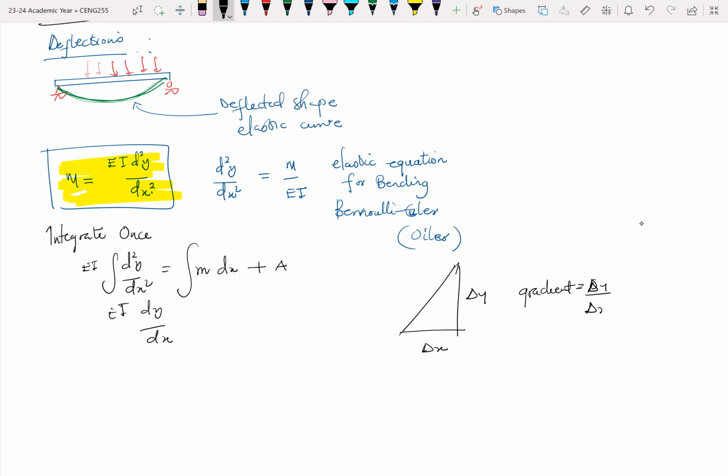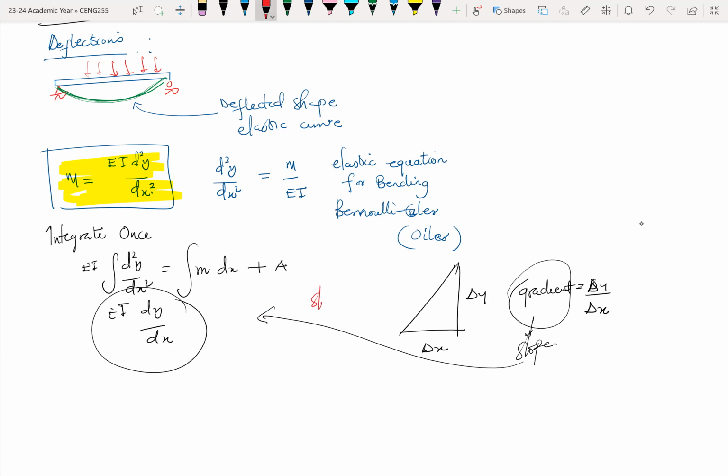Okay, so this is what we did back in high school. And basically what we were doing was to find the gradient, which in this case is the same as what? Slope. Right, so it's the same principle being employed in this case. So this portion here would give us the slope.